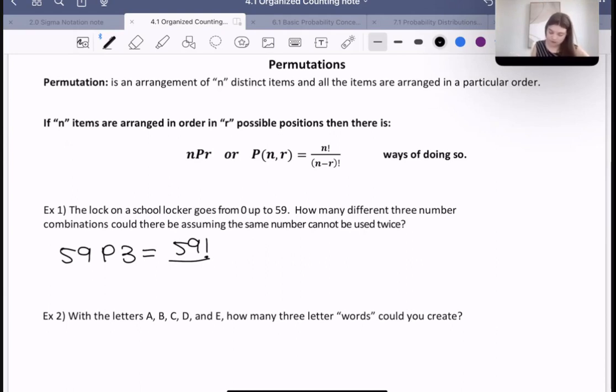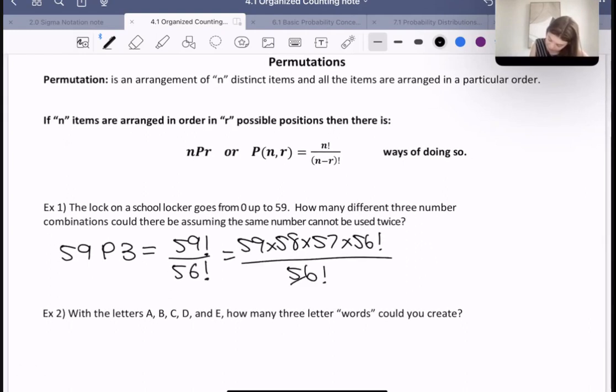So 59 minus 3 is 56, so this is the same as 59 times 58 times 57 times 56 factorial over 56 factorial. We cancel those, and we just have 59 times 58 times 57.